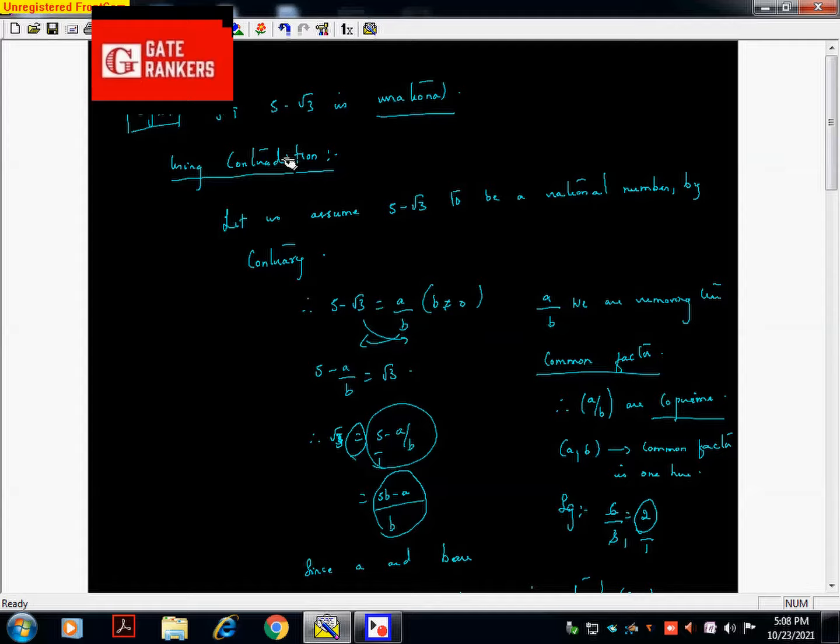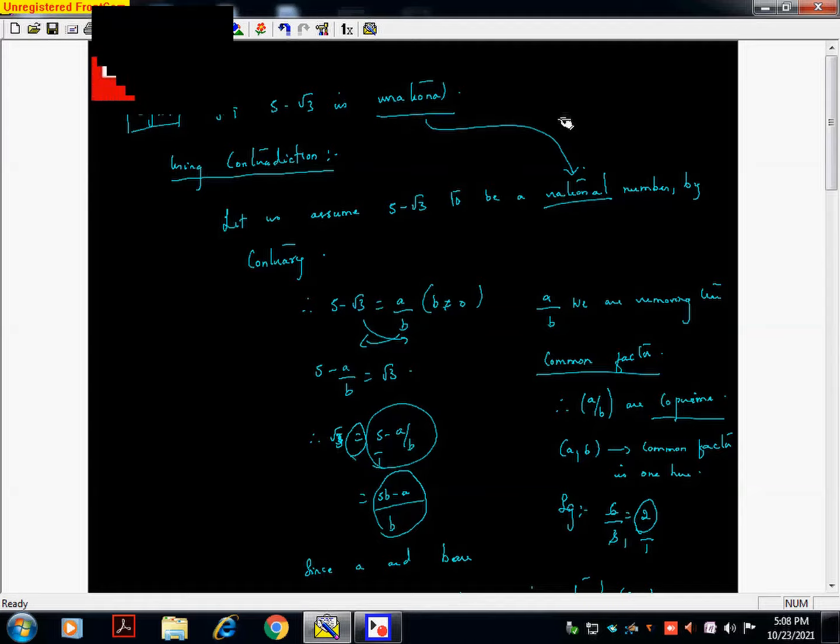Like that, contradicting is we are taking a different route, a different path to prove that root 5 minus root 3 is irrational. Contradict means telling against that, that's all. So let us assume root 5 minus root 3 to be rational. We are contradicting here. Irrational they have given, we are telling it is rational by contrary.